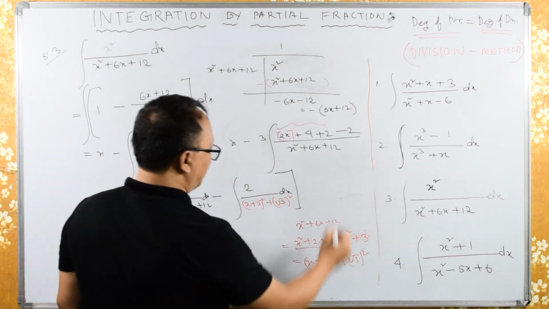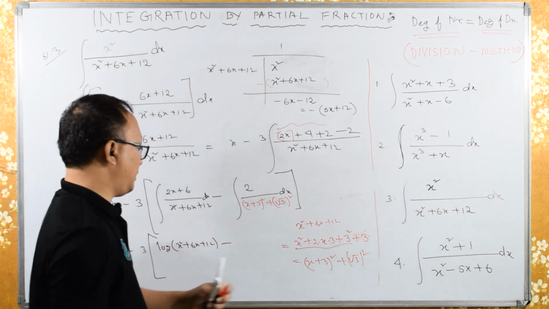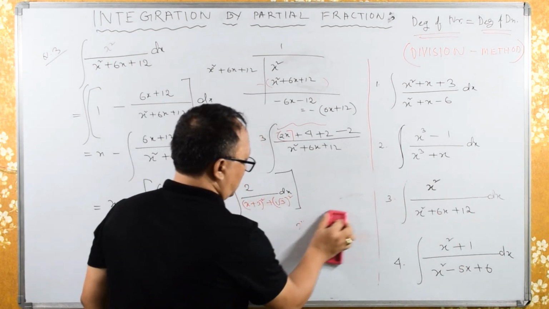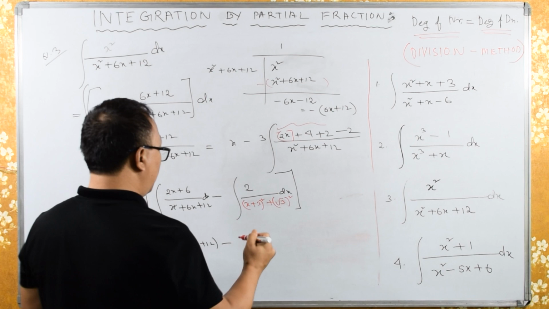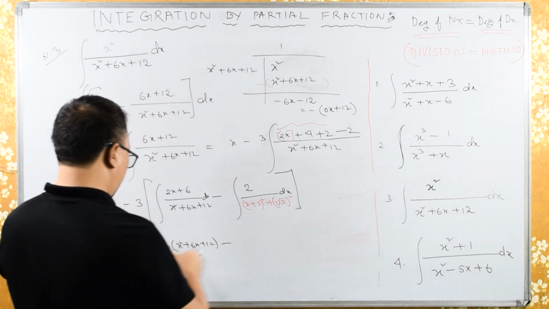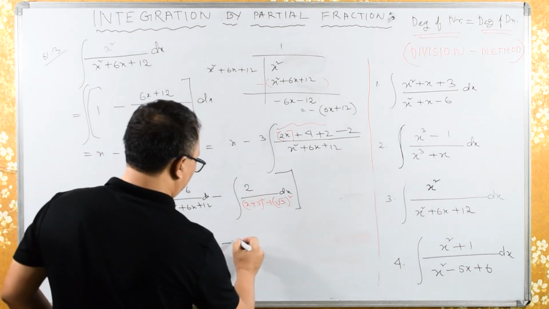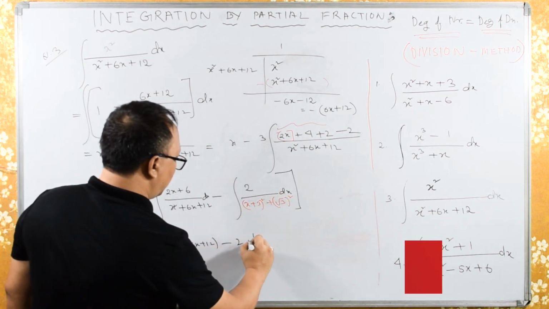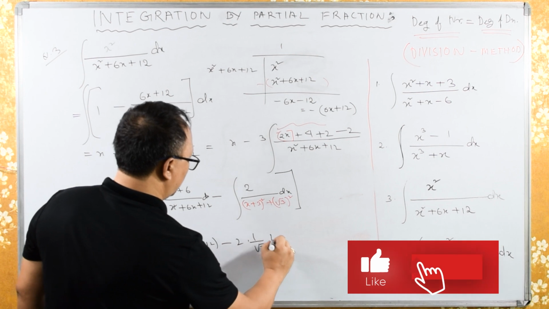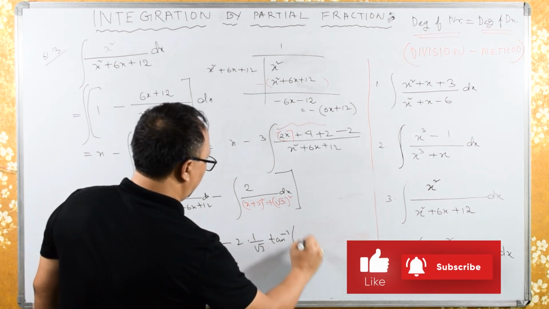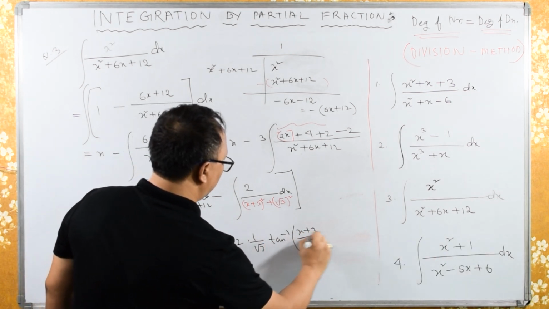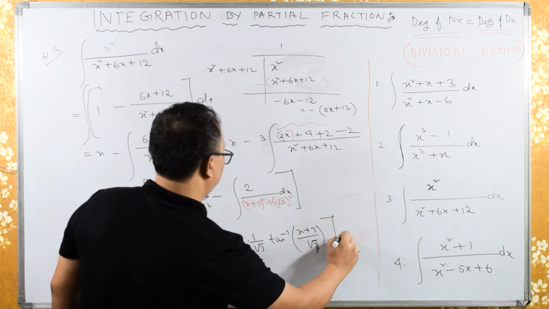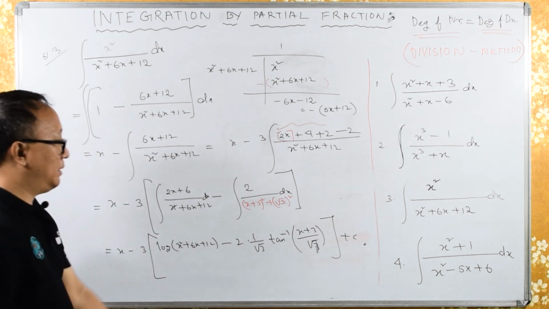So we have the formula 1 upon x square plus a square is 1 by a times tan inverse x by a. I'll get the 2 already outside into 1 by root 3 tan inverse of x plus 3 upon root 3, plus some constant.